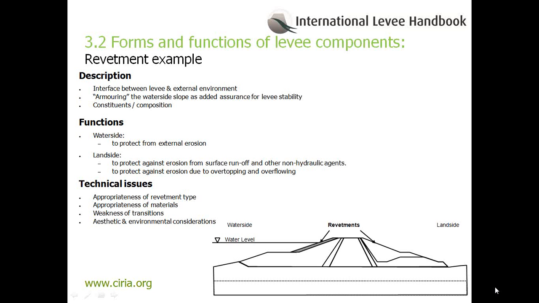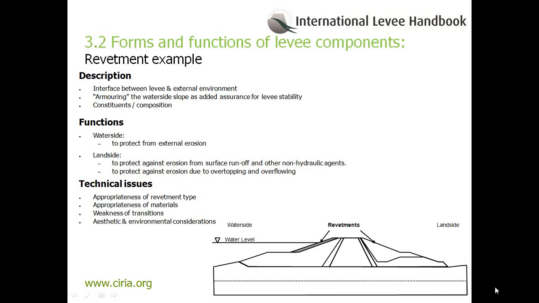On the crest and the landside slope, a revetment may be constructed to protect against erosion from surface runoff and other non-hydraulic agents, and eventually to protect against erosion due to overtopping and overflowing, especially for a coastal or submersible levee. There are also technical issues addressed in the ILH specific to the component, such as the appropriateness of the revetment type or material composition, weaknesses of transition areas, and aesthetic and environmental considerations.